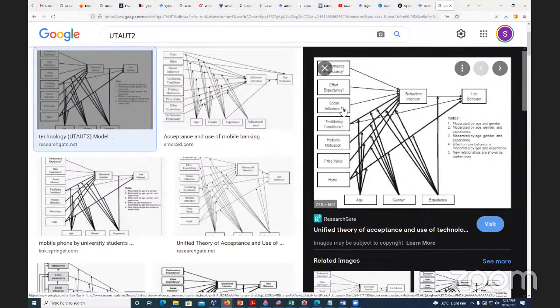Social influence means if people around you that you trust and know use it, it might affect you. Effort means how much work it takes for you to actually do it. Performance expectancy asks, do you expect the thing to actually help you? So these are the various variables, and age, gender, and experience might impact your intention to use a technology and your actual use of that technology.